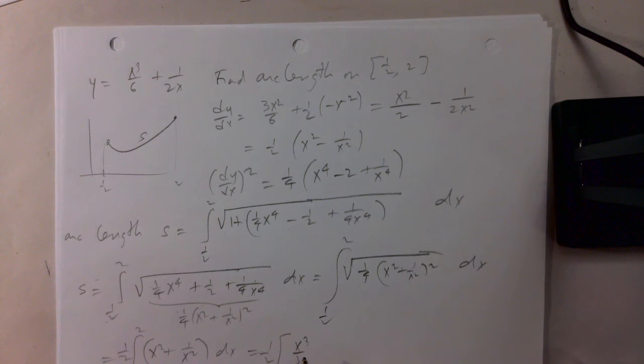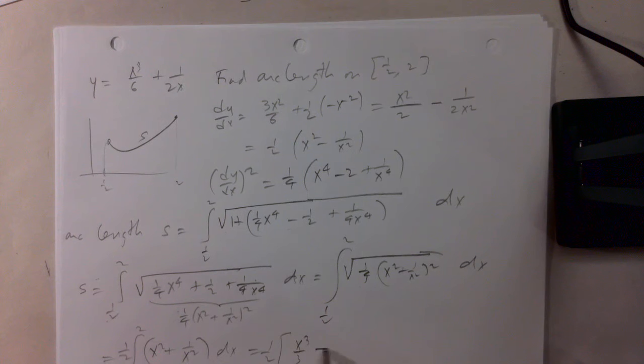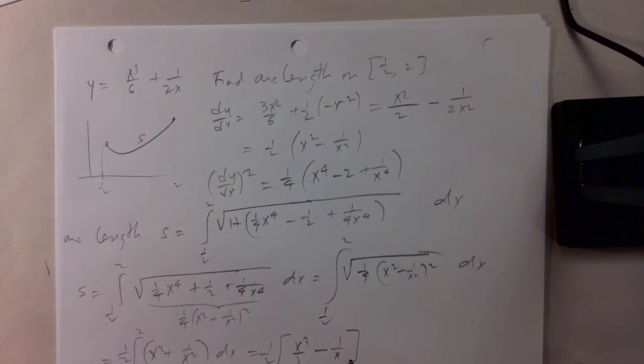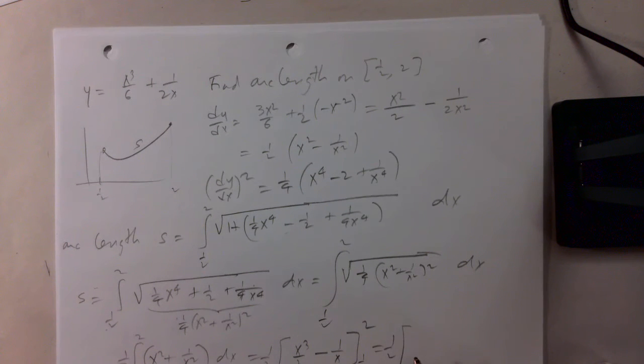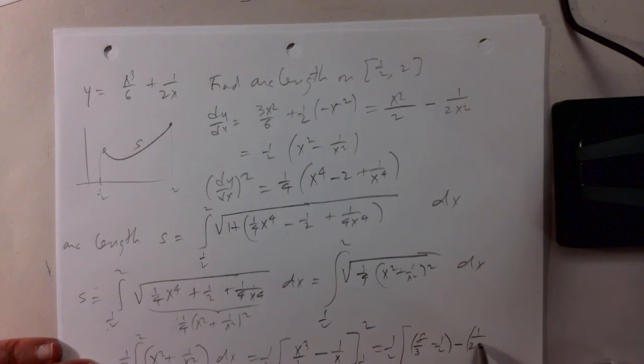When you integrate x to the minus 2, you get minus x to the minus 1, evaluated from 1/2 to 2. So this is 1/2. When x is 2, it's 8/3 minus 1/2. And when x is 1/2, it's 1 over 24 minus 2.